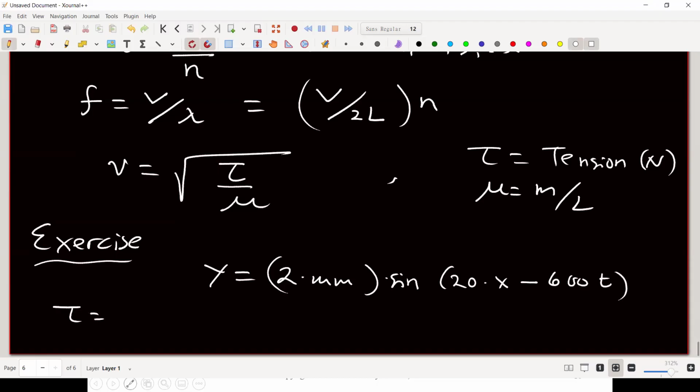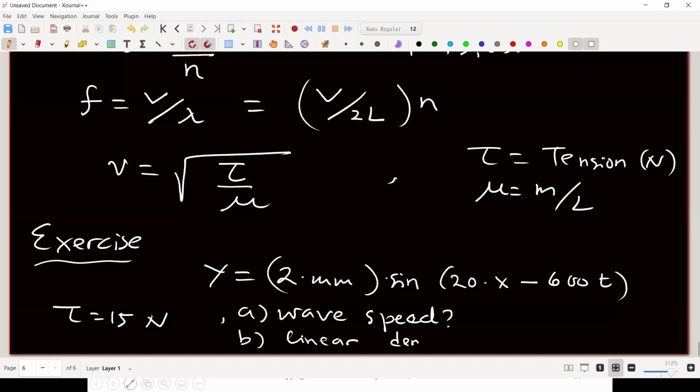The tension of the string is 15 Newtons. What is the wave speed? And then the linear density of the string. Maybe you can try first. What is the density of the string?